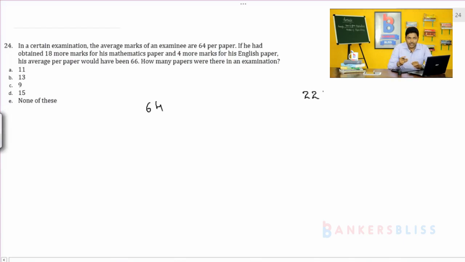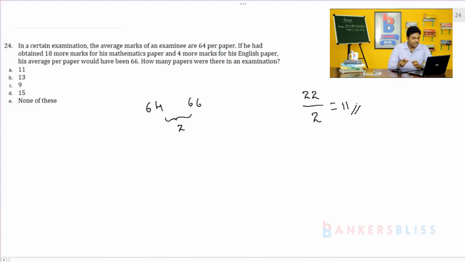So if we get 22 marks, the average is increased by 2. The average is becoming 66, meaning it is increased by 2. Every subject is increased by 2. Total increase is 22. So 22 divided by 2 is equal to 11. So the total number of subjects is 11. So 64 was the previous average.